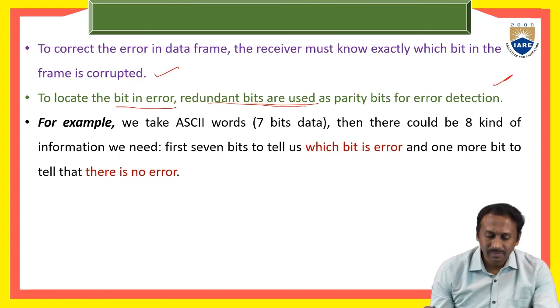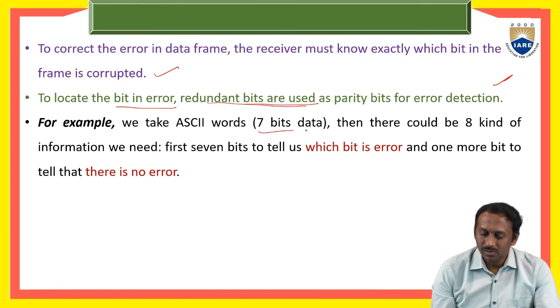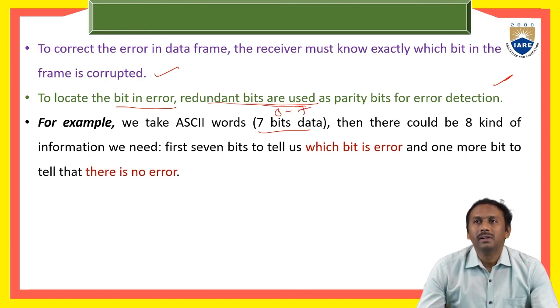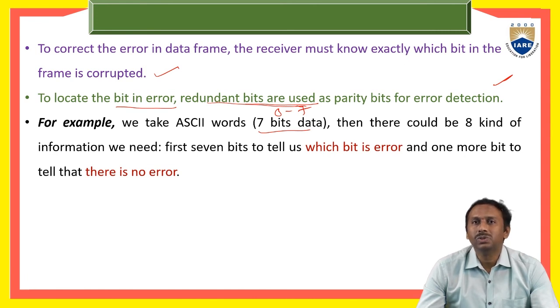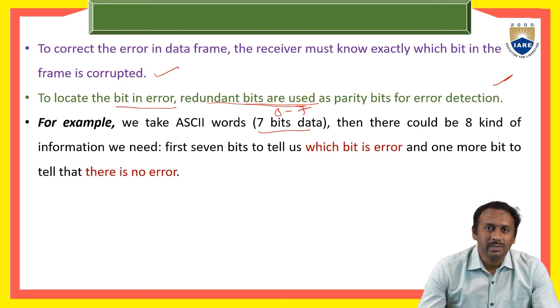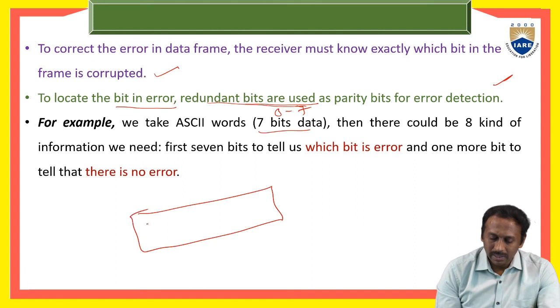For example, take an ASCII word of 7-bit data. 7 bits is 0 to 7, so there could be 8 kinds of information we need. The first 7 bits tell us which bit is in error, and one more bit to tell that there is no error. Total it will be 8.